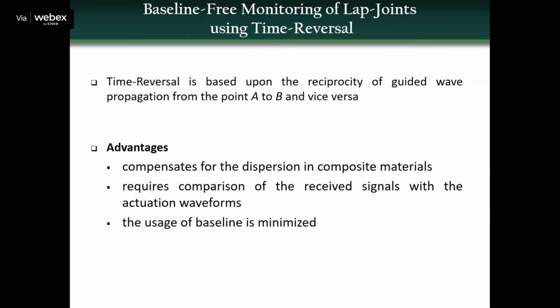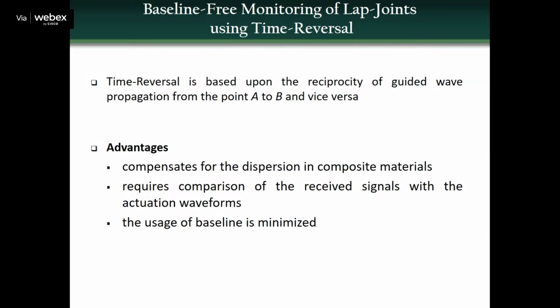Now, in this case, you'll use this guided wave propagation to demonstrate the idea of damage monitoring and identification for lap joint geometry. Hope that is clear. So we said the fundamentals and hopefully the concepts are clear here.